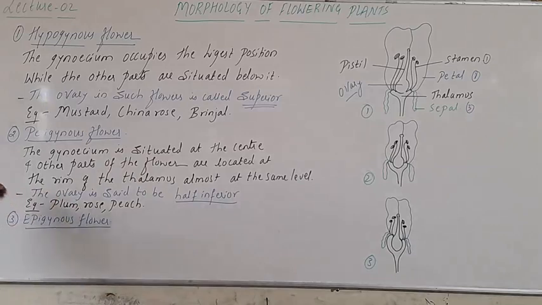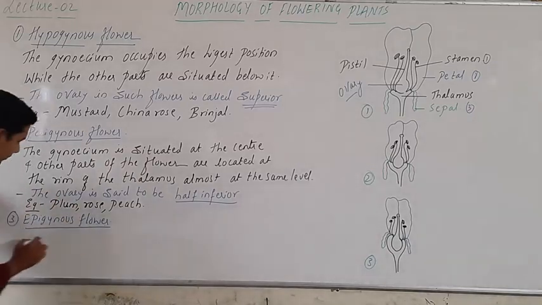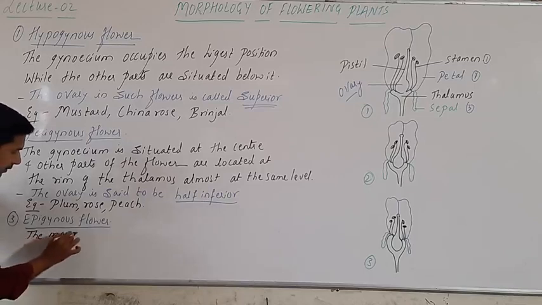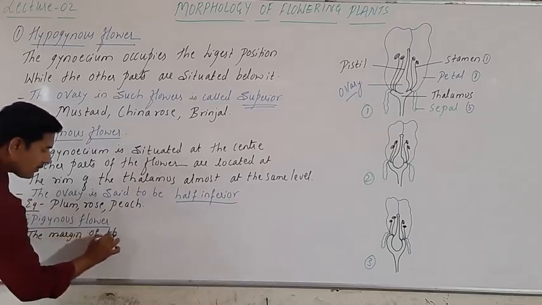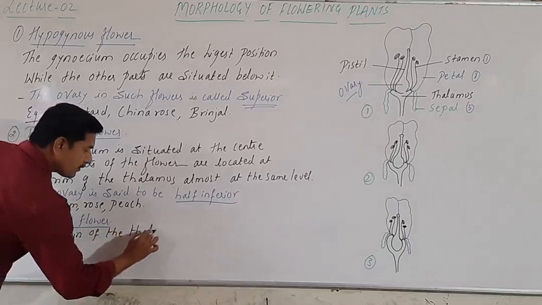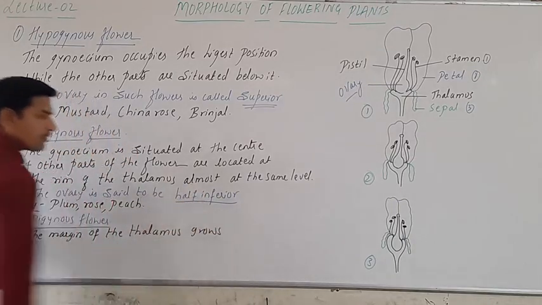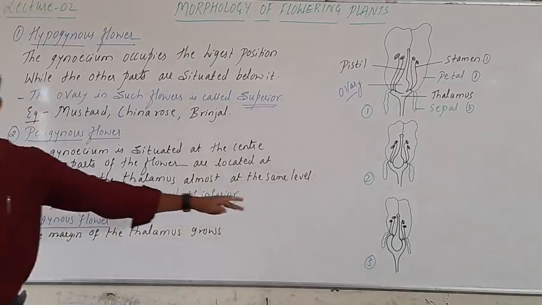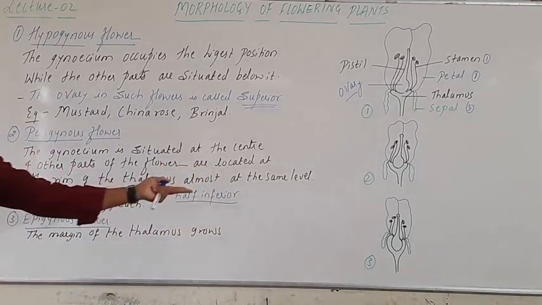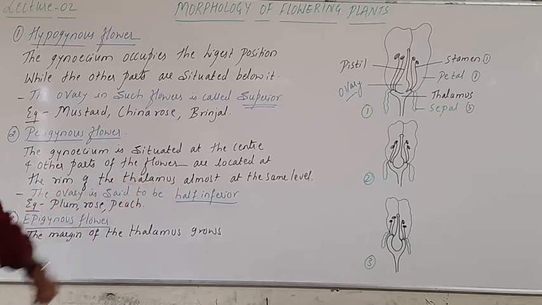The margin of the thalamus grows, okay, look at the diagram there. The margin of the thalamus grows upward enclosing the ovary.